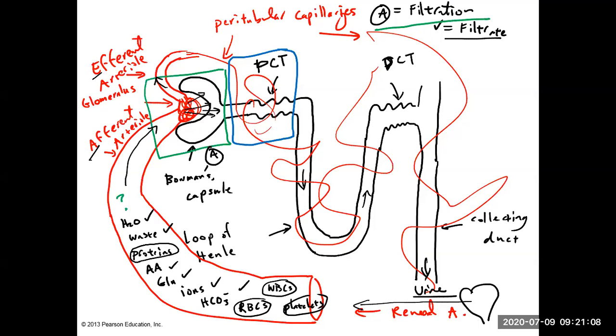A lot of important stuff happens in here. Major reclaiming, or reabsorption, takes place in here. So process B, I'm going to call it reabsorption.